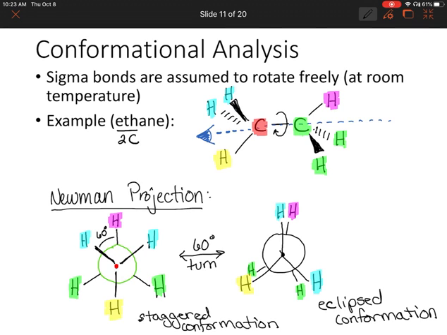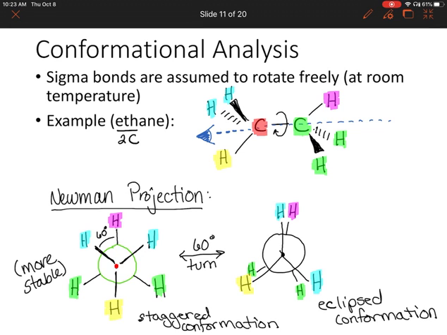So if we can spread out the hydrogens so that they're not overlapping each other, then that is ideal. So the staggered conformation is more stable. And then the eclipsed conformation is less stable. It's still possible to have eclipsed hydrogens, but most of the time this molecule would prefer to have staggered conformations because there's less energy involved.